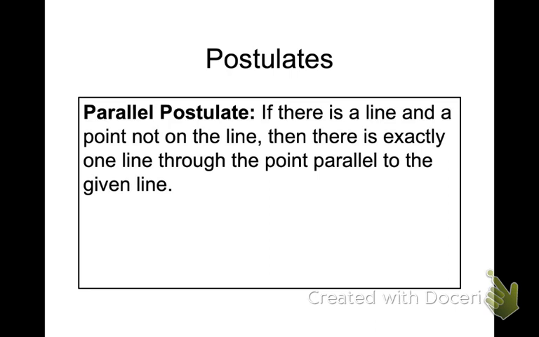So if there is a line and a point not on the line, then there is exactly one line through the point parallel to the given line.